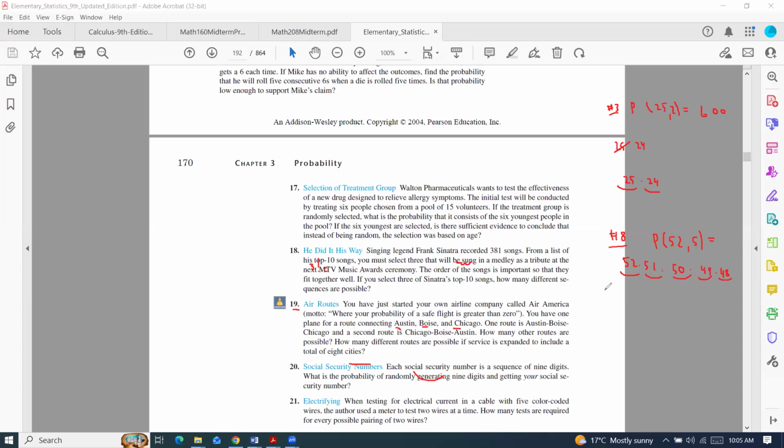So if you look at the various routes that could be produced, then you could mark it as route A, B, C, where you start at Austin and then end up at Chicago. So start at A, right? So the question is, how many other routes are possible?